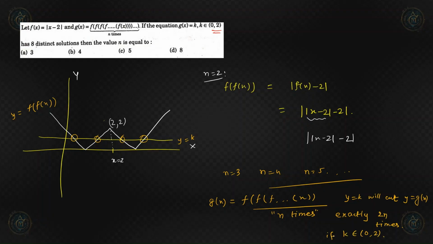That means if we have 8 distinct solutions, we must have 2n equal to 8, right? That means n equal to 4.